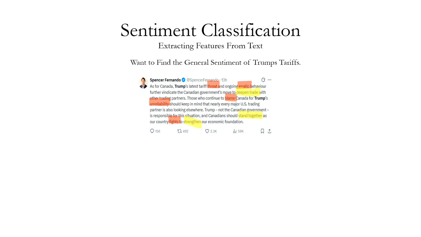Then we've got some other words: deepen trade, stand together, strengthen. These are positive, right? We've got these bigrams, deepen trade, stand together, but in general, the yellow is positive. And then finally, we've got a negative, which is a yes or no indicator type variable that I discussed earlier.